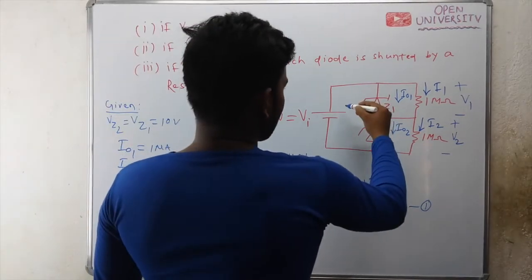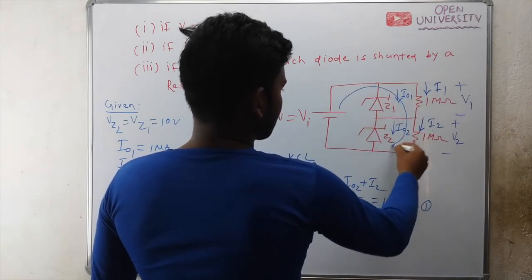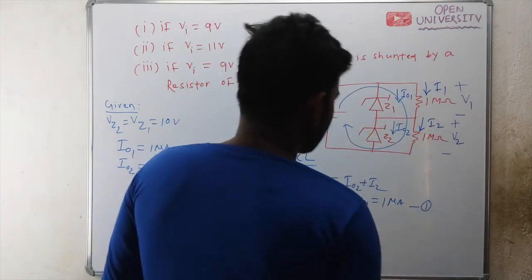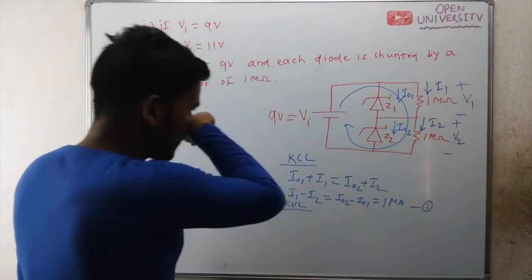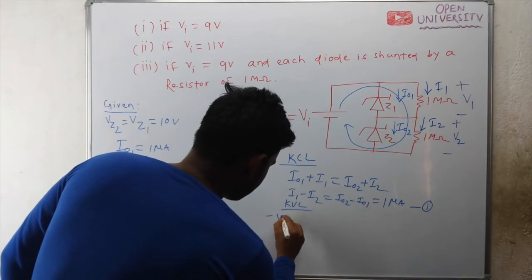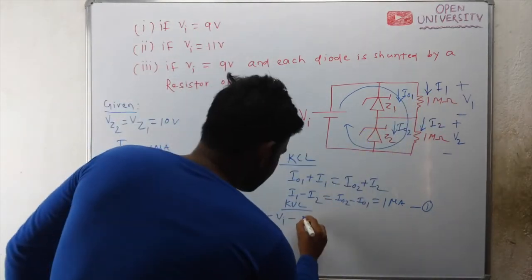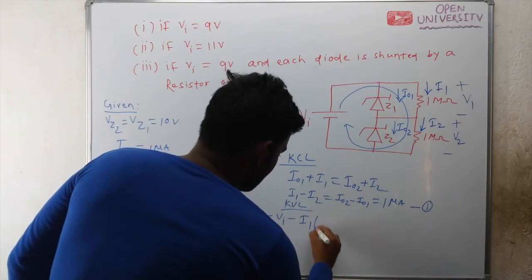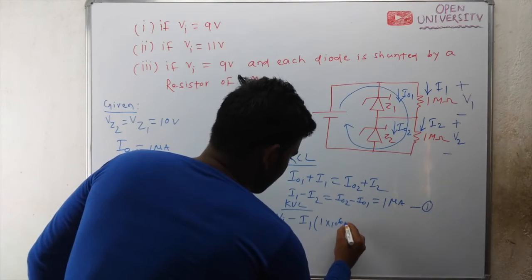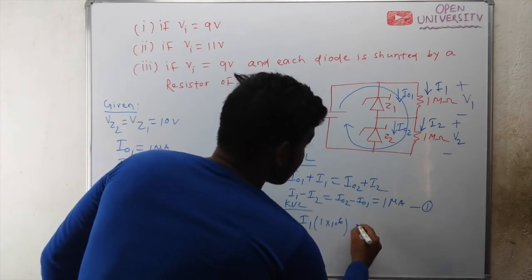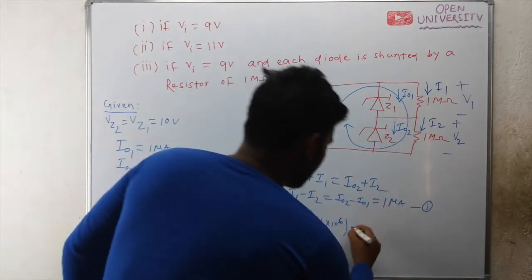Then you apply KVL in this loop. If you apply KVL in this loop, then minus VA plus I1 into 1 mega ohm plus I2 into 1 mega ohm.